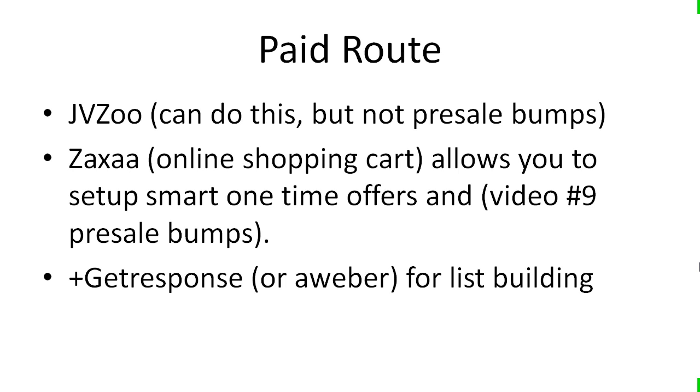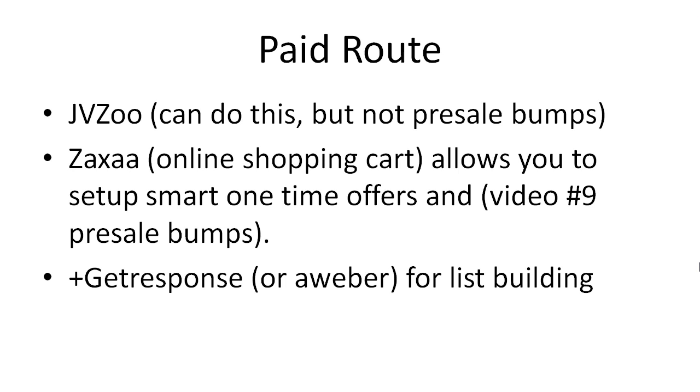If you went with Zaxa, you would only pay the yearly fee and plus the PayPal fee. They would not charge you any fees. And that's personally what I've liked about Zaxa. And then they're very, very powerful. They're always adding features and stuff like that.